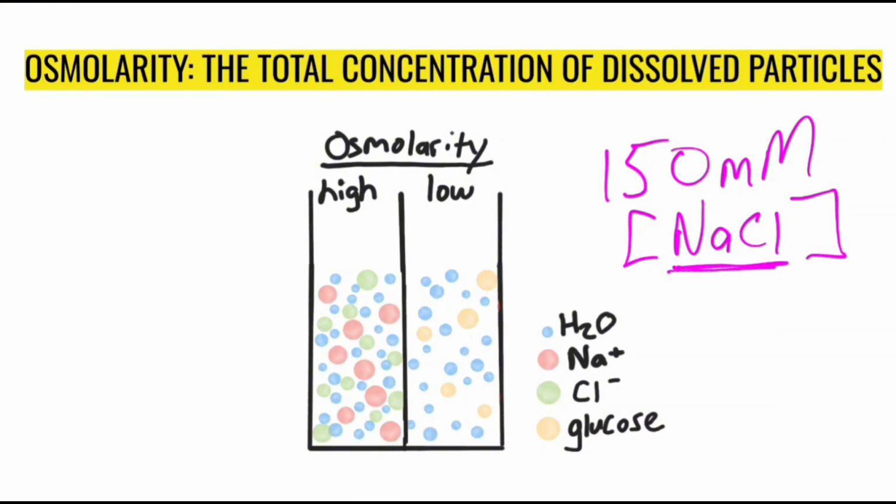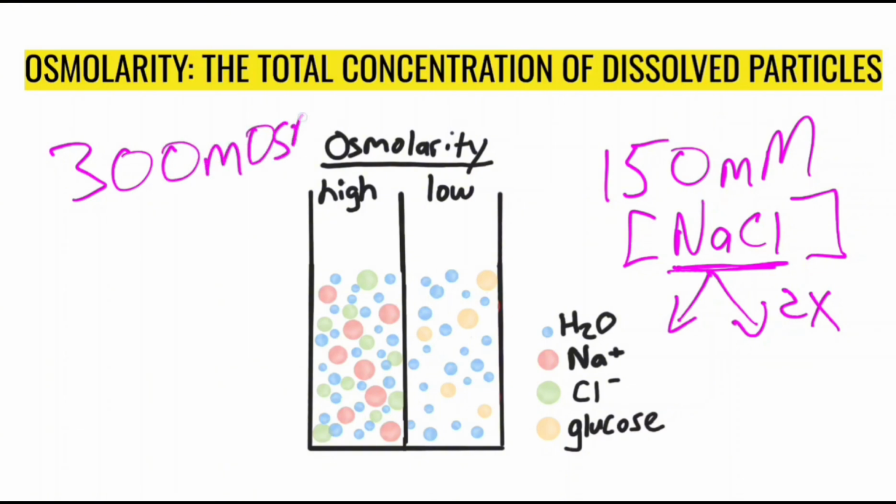What would the osmolarity be? Well, it would be roughly 2 times that, because each one of these is going to give us 2 particles. So the osmolarity would be 300 milliosmoles per liter to equal a 150 millimolar sodium chloride solution. And this is meaningful when we start talking about what is in our plasma.